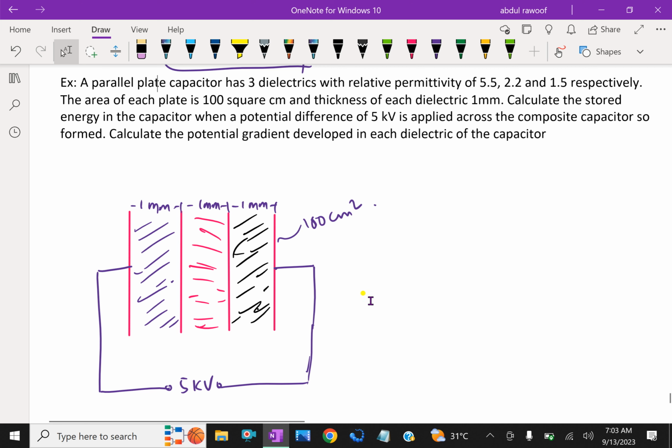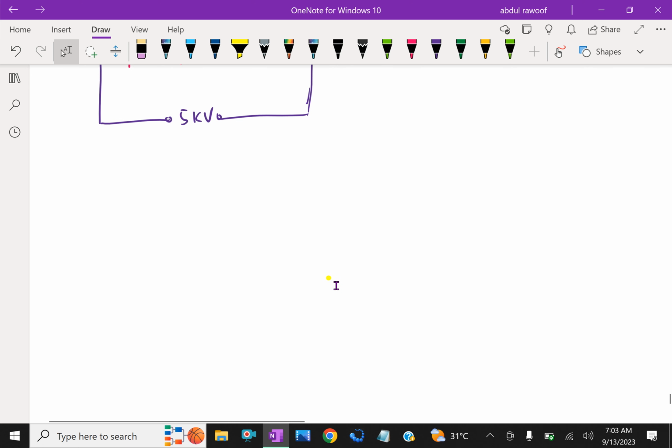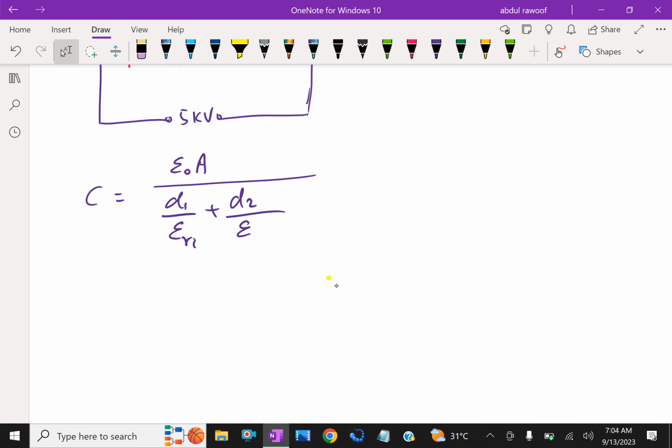Now the total capacitance C in this composite is epsilon 0 A, that is plate area, over D1 by epsilon R1, the relative permittivity of the first one, plus D2 over epsilon R2, plus D3 over epsilon R3.